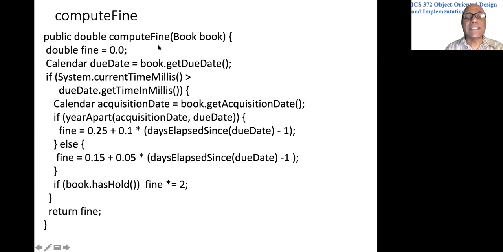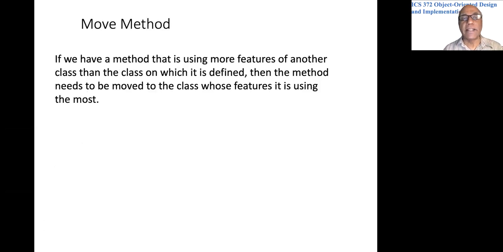So it suggests that we shouldn't be putting this method in the Library class, because if you put this in the Library class, you're importing all the information from the Book class. So this is not a good idea. We should move this method to the Book class.